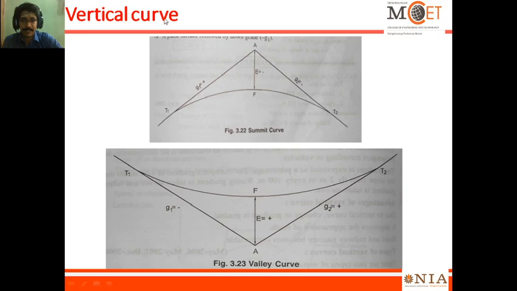It depends upon the grades G1 and G2, plus or minus. When there is an increase in the grade, plus is given. When there is a drop, it is denoted by negative, right? Where the straights meet, the point A is a virtual point.